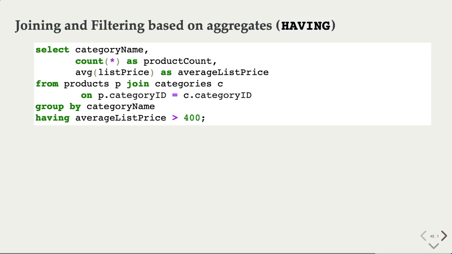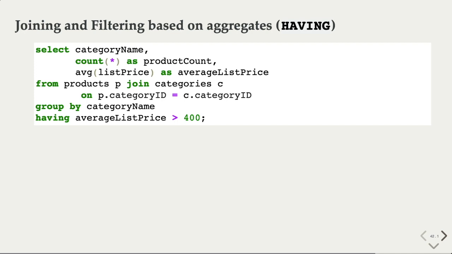By joining the 2 tables together, the products table and the categories table, we can pull all these pieces of information together. Okay, so here comes the join. So products as P joins categories as C, and the condition should be P.category ID equal to C.category ID. Okay, so we'll join the 2 together.